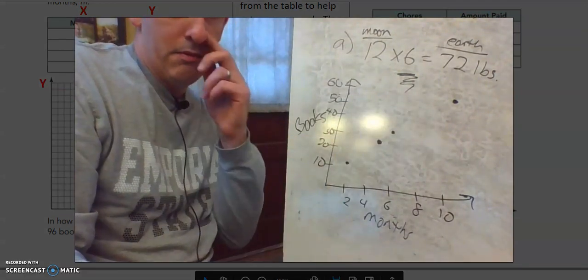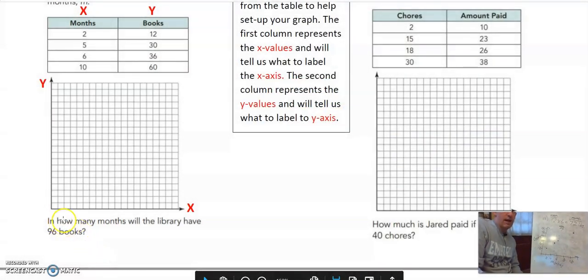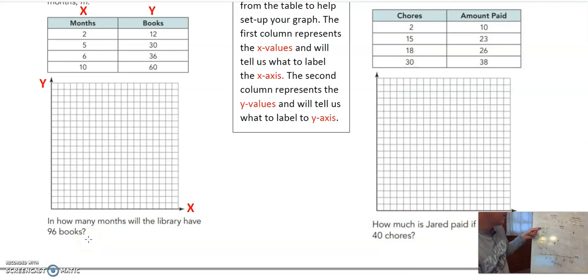Looks pretty good. All right, now, they want to know something, not just graph this, but they want to know in how many months will the library have 96 books? Well, we don't have 96 books yet. But could we figure out how far out we'd have to extend this to get 96 books? Well, what's our rate? Have you noticed a pattern forming?